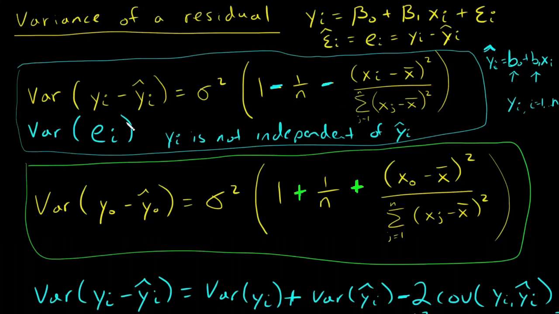Now what's going on here? How come this equation is different? Notice this not notation. You will find this notation when we are finding prediction intervals. So this is for a prediction interval.